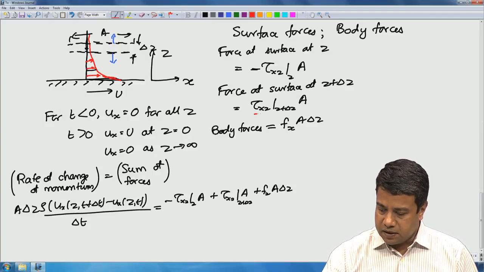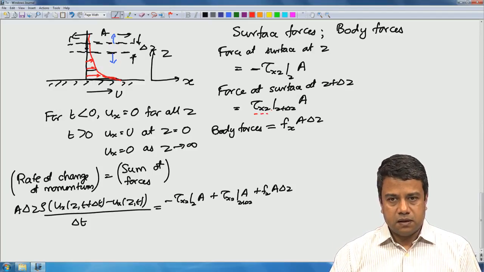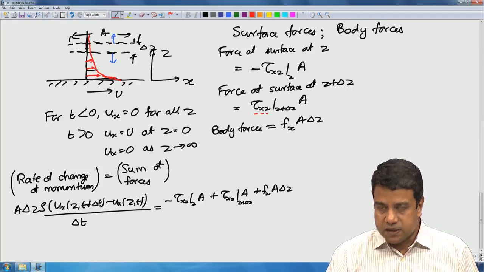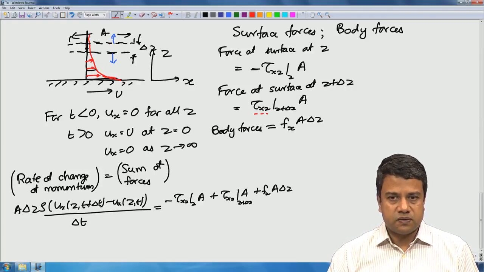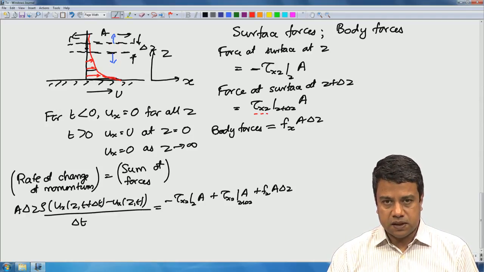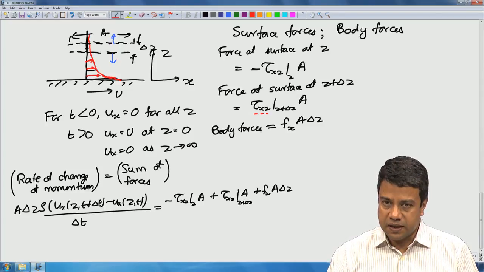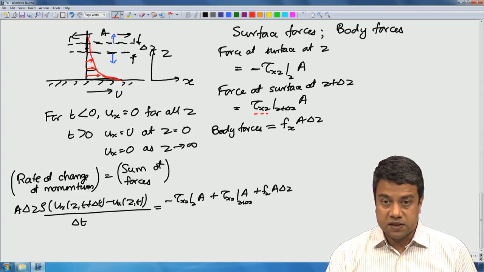Just to reiterate, tau x z is a force per unit area, a stress. It has two subscripts. The first one is x. That represents the direction of the force or the direction of the momentum. I had told you earlier that in this case we are writing an equation for the balance in momentum in the x direction. So, that is what the first subscript means.